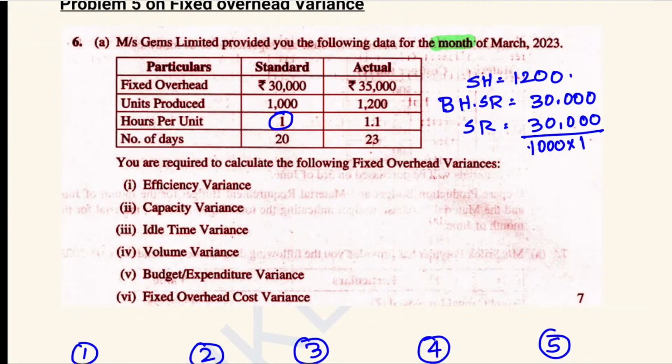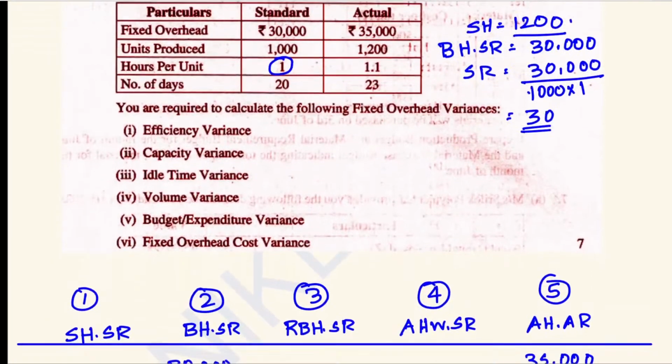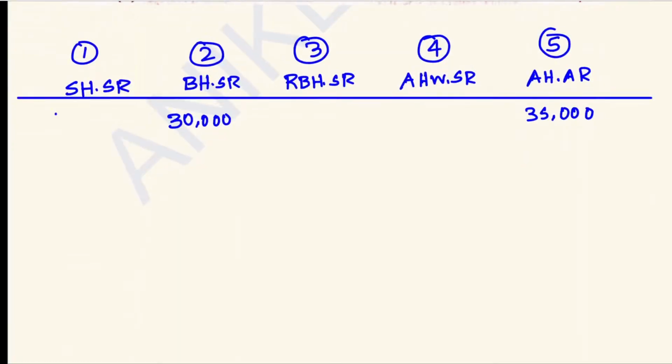Budgeted hour, you have to consider budgeted units and multiply it with hour per unit. So budgeted hour is 1000. That means standard rate is going to be 30 per hour. So now I have standard hour and standard rate. I can calculate SHSR, which is 36,000. So I'll write 36,000. All this you have to write as working notes.